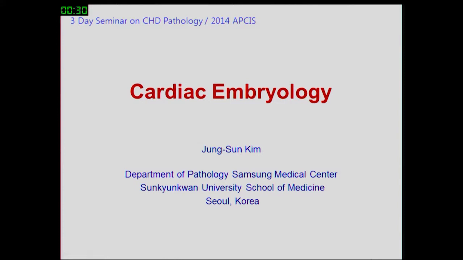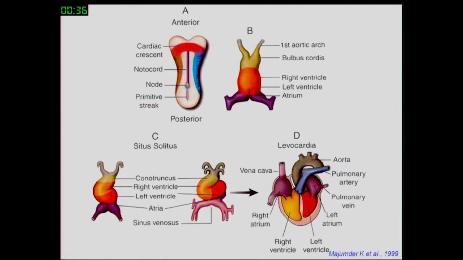Today, I'm going to review main steps of cardiac development. The adult heart has two atriums and two ventricles with separate circulation. Initially, the primitive linear heart tube forms by fusion of bilateral cardiac crescent in the mesoderm.